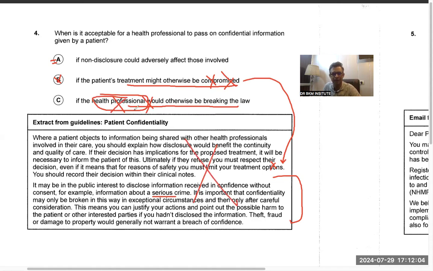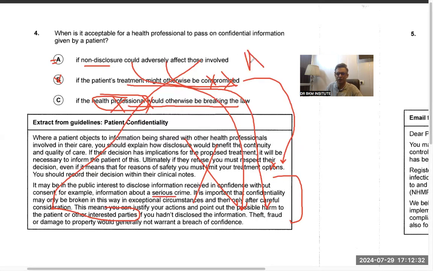Then I understood, oh my God: if non-disclosure could possibly harm. Harm means adversely affect. Then your mind starts working. This is what elimination is. Eliminate the rest. If non-disclosure could harm the patient or other interested parties, meaning the people who are involved, then you can disclose the information.